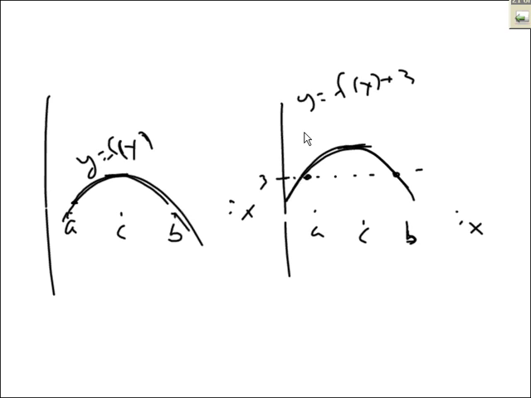Okay, now we move on to the mean value theorem. The mean value theorem is just a tilt of the Rolle theorem. For example, Rolle theorem says the following.